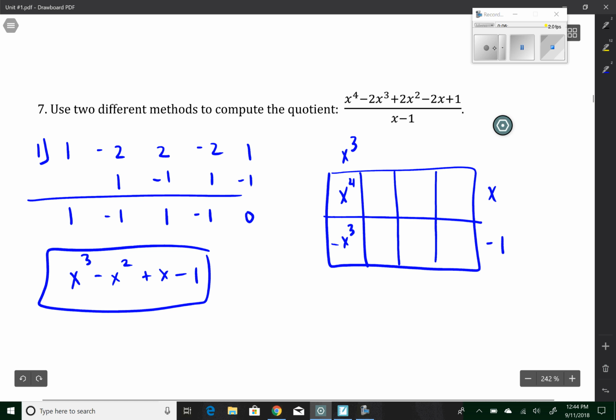I know I have to have negative 2x cubed, so I need to put another one here, which would make this negative x squared. Well, if that's negative x squared, this is positive x squared. I know I need positive 2x squared, so I need another x squared, which makes this negative x, but I need negative 2x, which makes this negative 1 and positive 1. So there you go.